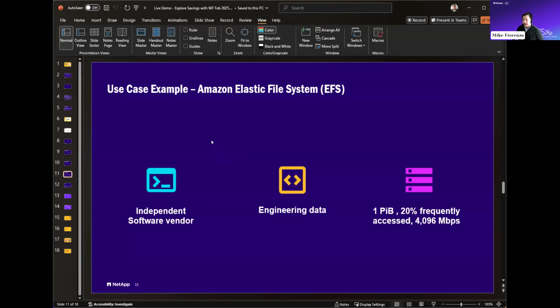So in this case, we're talking a petabyte of data, and now we're looking at a smaller amount of data as those builds start to roll off. We're talking about 20% of that data being accessed frequently, and a higher amount of throughput required for those development applications, for those cycles.